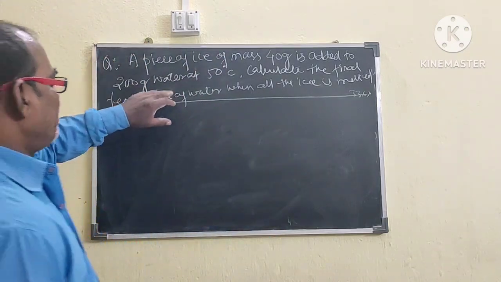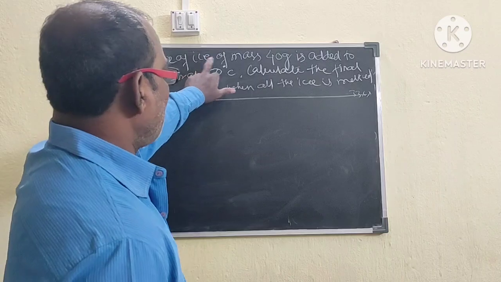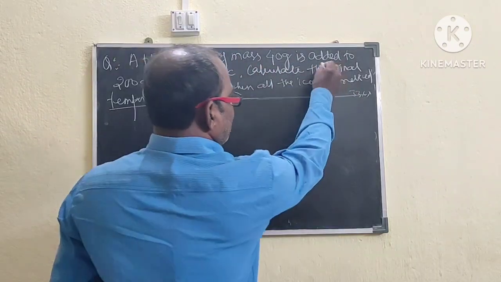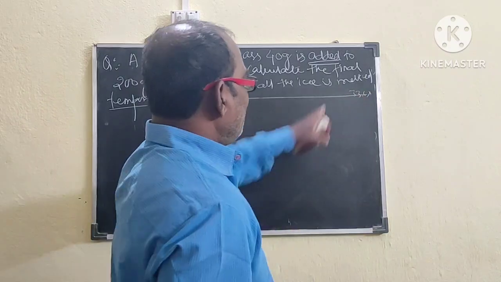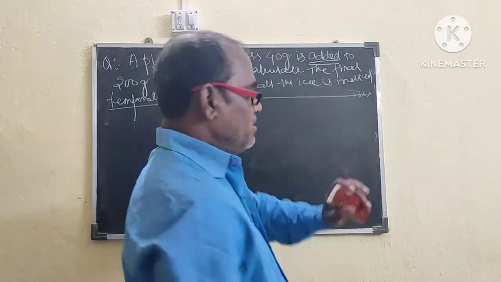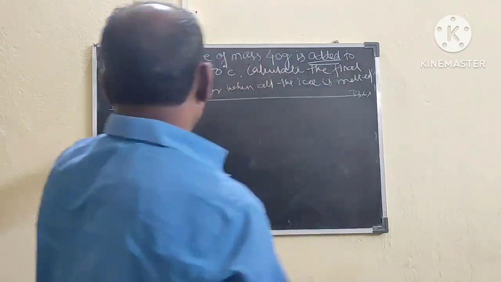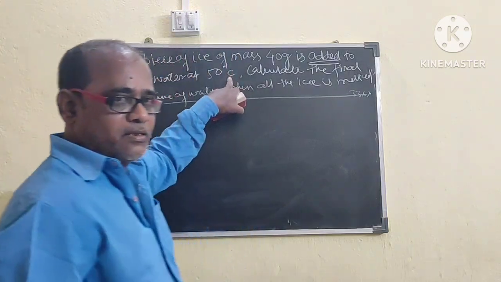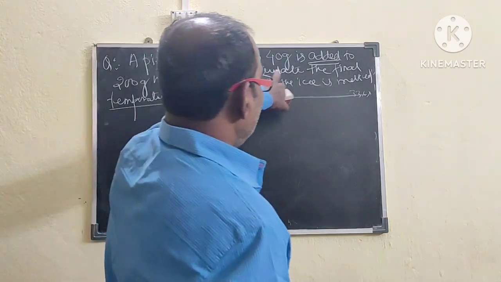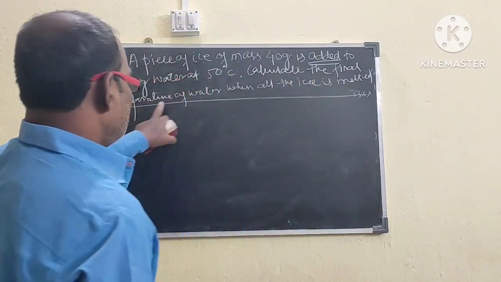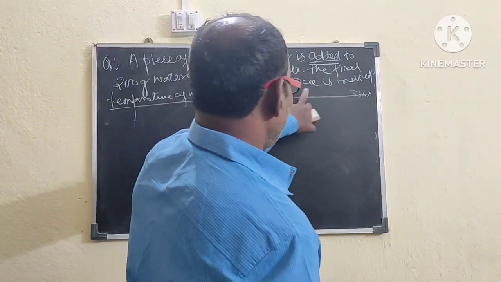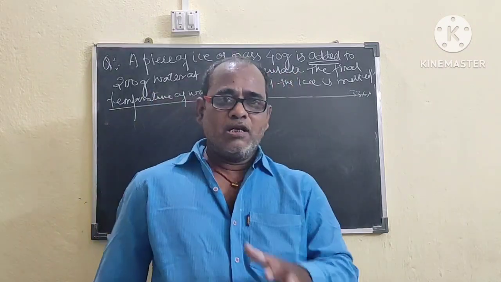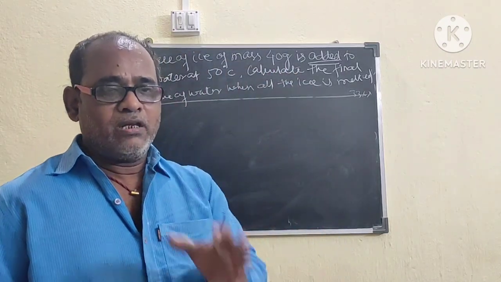It is given that a piece of ice of mass 40 gram is added, I'm underlining here 'is added', I'll let you know why afterwards, to 200 gram water at 50 degrees Celsius. Calculate the final temperature of the water when all the ice is melted. It seems the question is easy, but you have to understand the question very carefully.